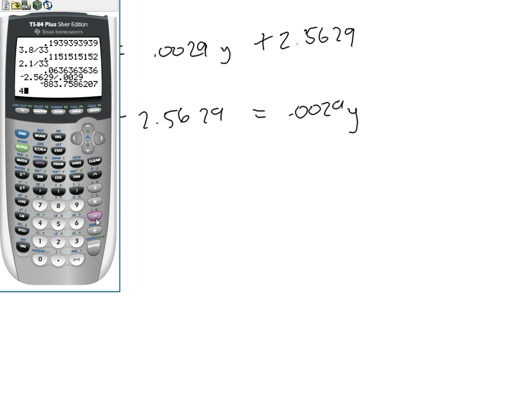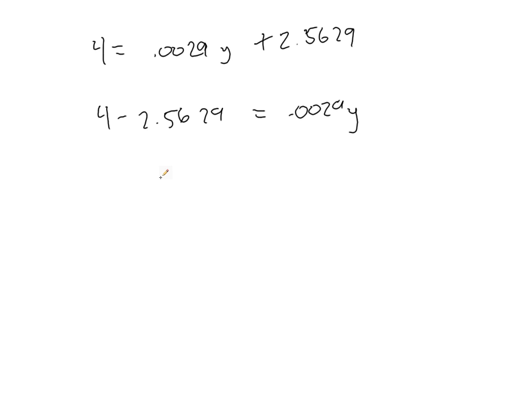And so we get 4 minus 2.5629, and we're going to divide that by 0.0029. Oops, I guess I didn't need the parenthesis. And we get y is about 496.